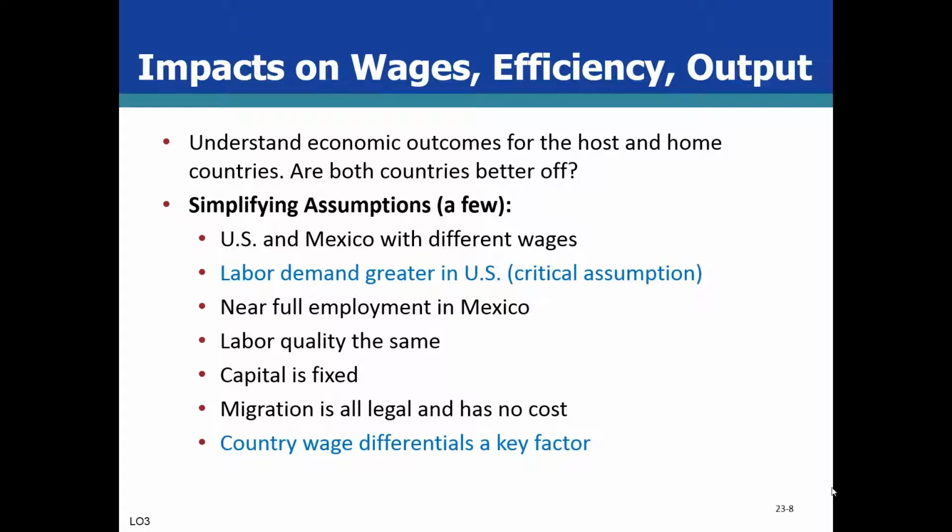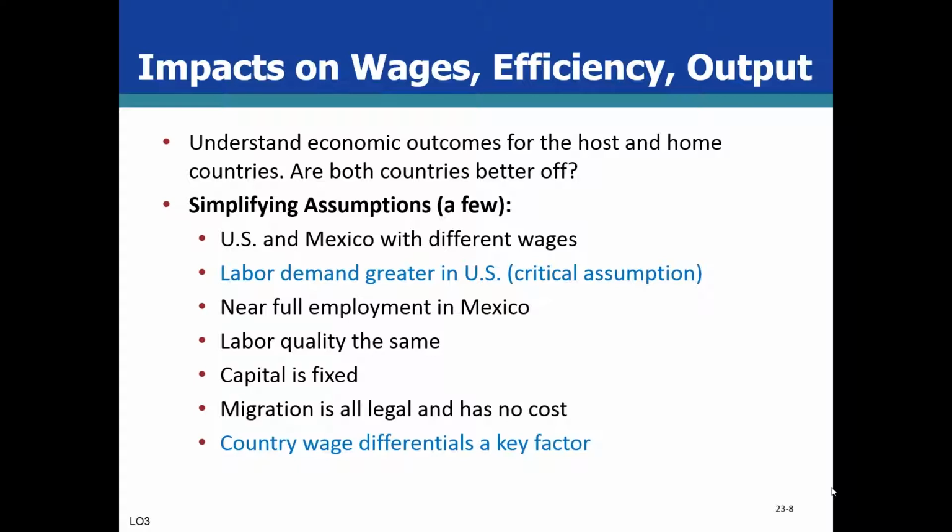We're going to assume that the labor demand is greater in the United States, and the U.S. can absorb more labor, meaning they need more labor for more output. So the need for more labor in the United States is a critical assumption to make the efficiency gains happen that I'm going to show you at the end. Okay?